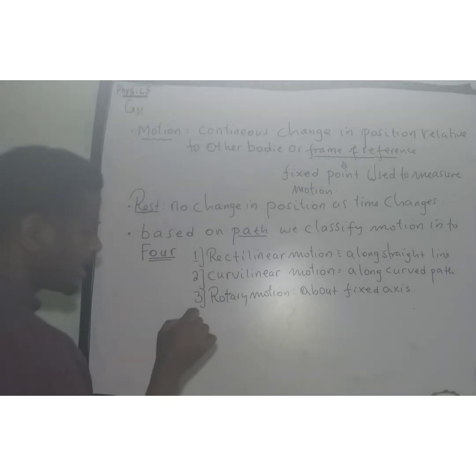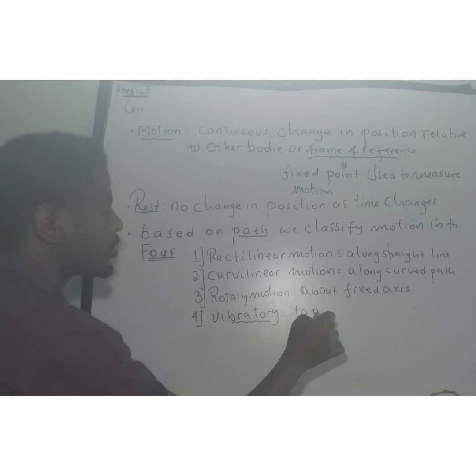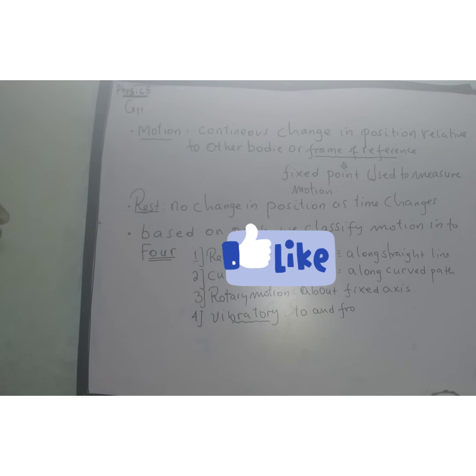The fourth and last kind of motion is vibratory or oscillatory motion. It is such as to and fro, back and forth, up and down. These are examples of vibratory motion.